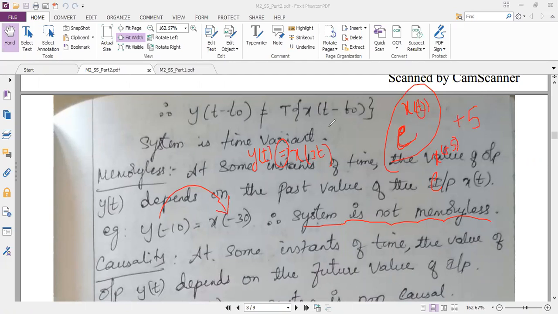If I do not know the value, then I can say the system depends only on the present, and I can conclude that it is memoryless. If it is linearly proportional, then I can keep different values here for t and analyze it, so that I can conclude that the system is not memoryless.